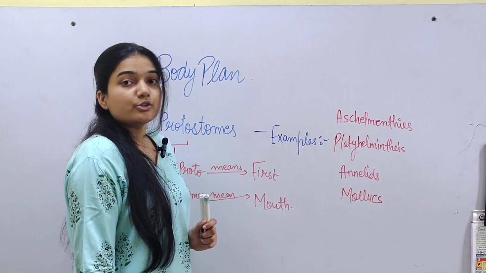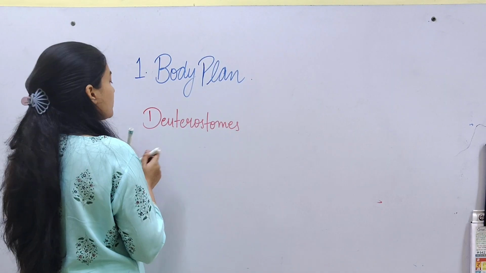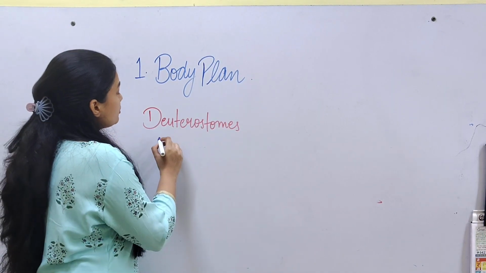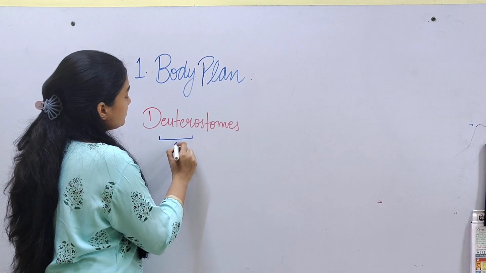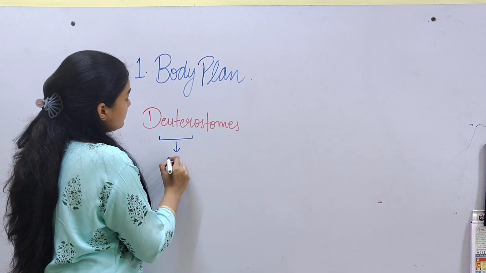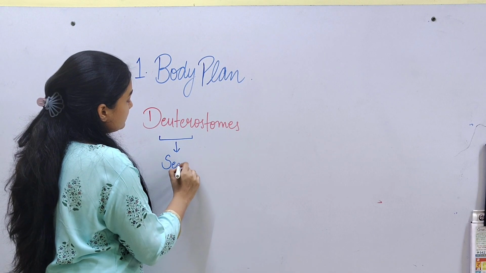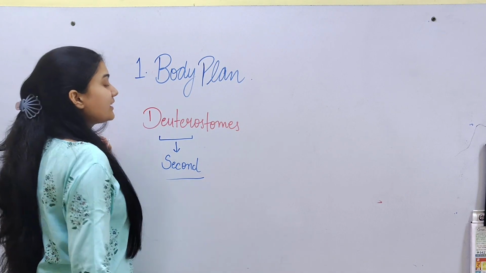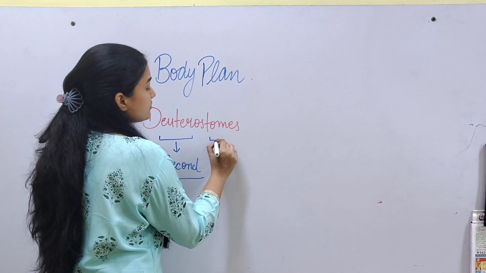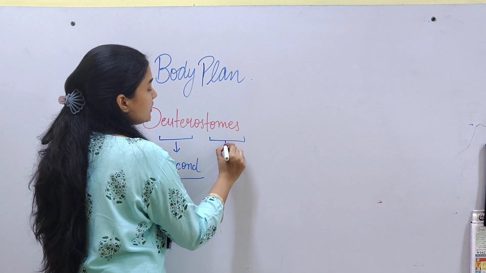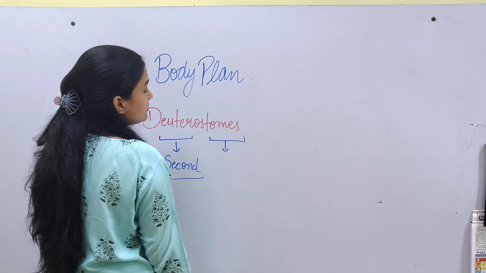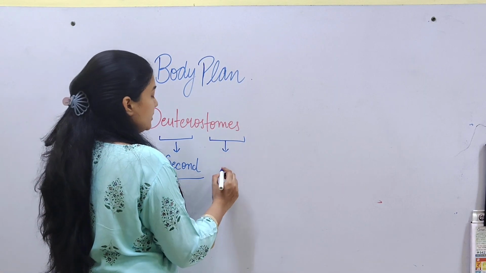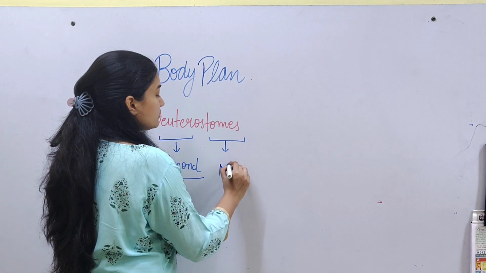The second one is the deuterostomes. It is as simple as protostomes. Deutero means second, as we explained, and stomes means mouth.